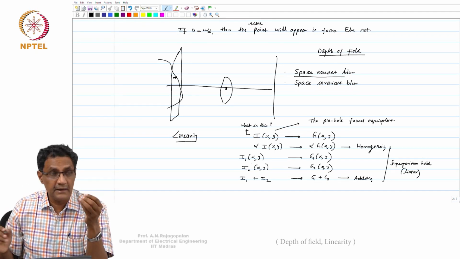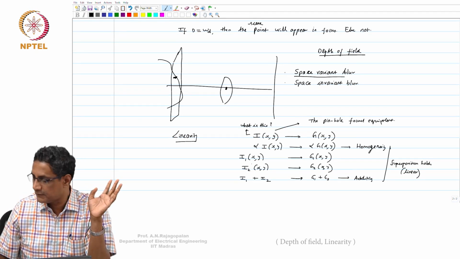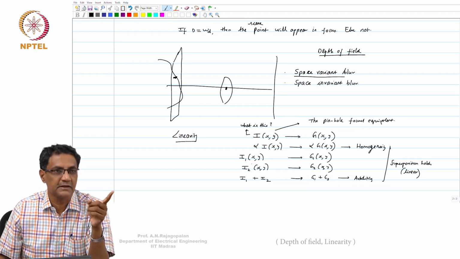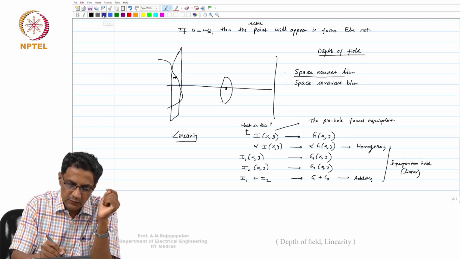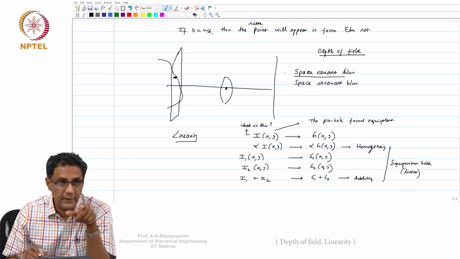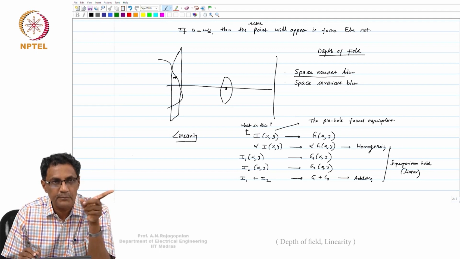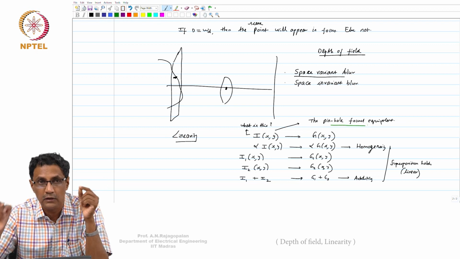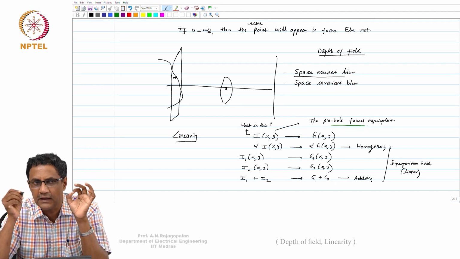And clearly, the linearity part is very straightforward. And one of the key things that you have to remember is the blur circle, let me write that here. So one of the key things is that it's this central ray. That is where, when I told you that we borrow from the pinhole, the analogies. One analogy that we have already borrowed is this: the pinhole focused equivalent. So the pinhole still has a role.